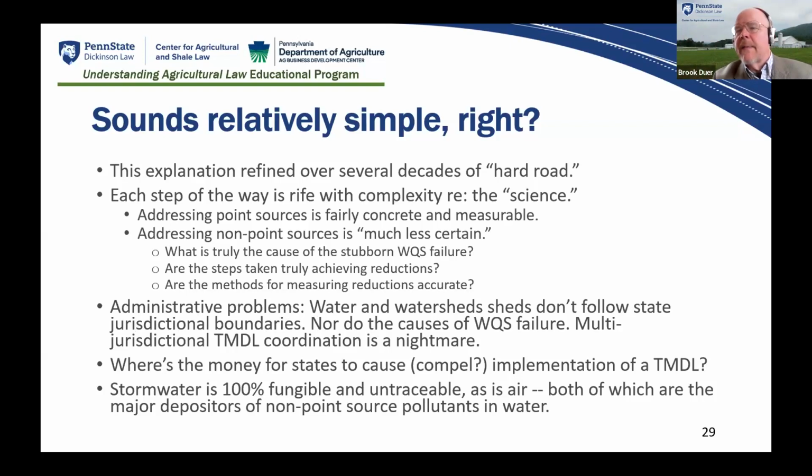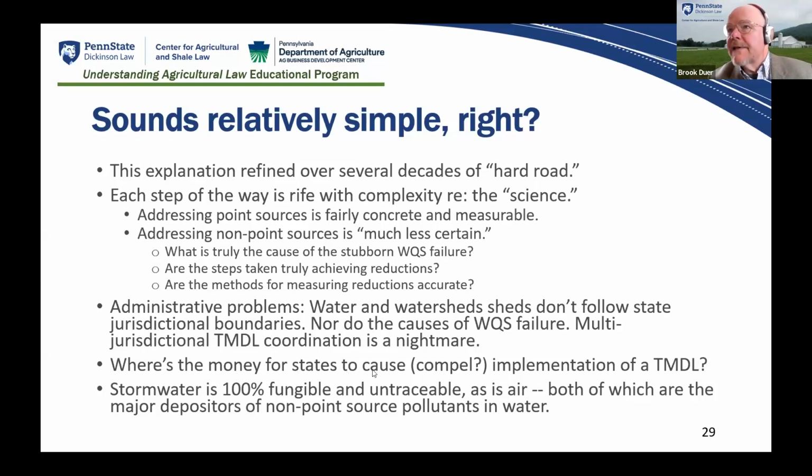There is actually not that many more slides. Not only don't the watersheds follow jurisdictional standards, the causes of the failure to meet the water quality standards don't follow those standards either. Multi-district TMDL coordination is, to put it mildly, a nightmare.